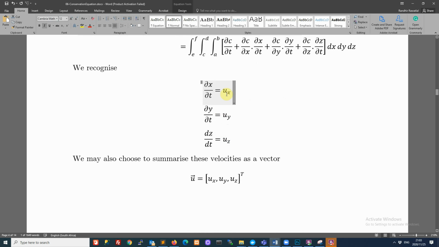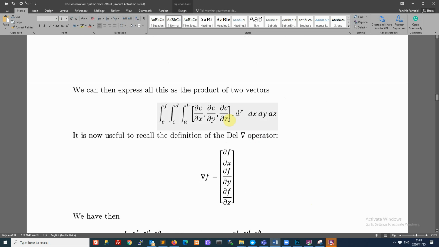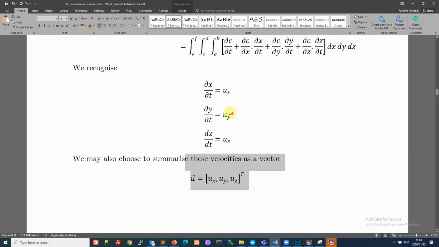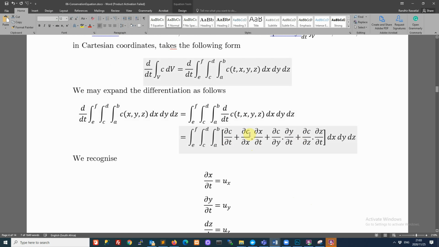We said that there's possibly a vector u, and now we are just acknowledging that that vector u has the 3 components ux, uy, uz. Okay, and yes, that's the same idea here. And now we recognize then that this sum is actually a product.